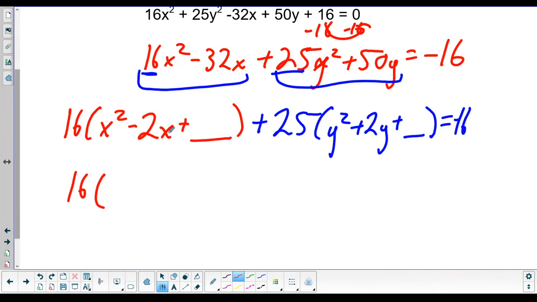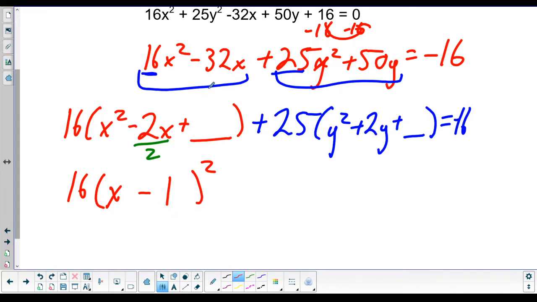All right. Here, this will factor to the same thing every time. There's a pattern. It's going to be x and then something squared. To get this something, it's just half of the linear term. So half of negative 2 is negative 1, so we're going to have minus 1.